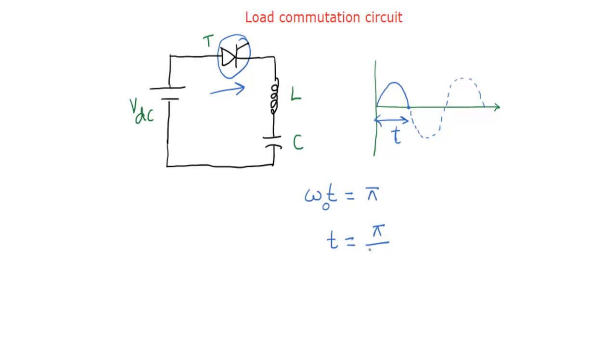That T is given by pi by omega naught, and we know that omega naught is 1 by root LC. Then it will be pi into root LC. So in a class A undamped system, once the thyristor is turned on, it will be in conduction for pi into root LC seconds. This is the equation for the undamped system.